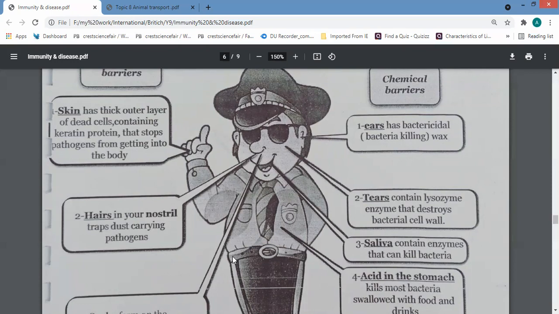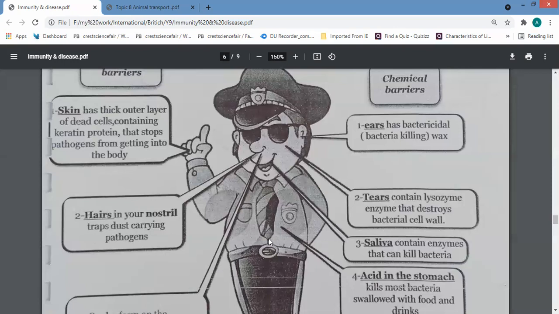This keratin stops different pathogens from penetrating the skin to get into the body. So the first mechanical barrier is the skin.